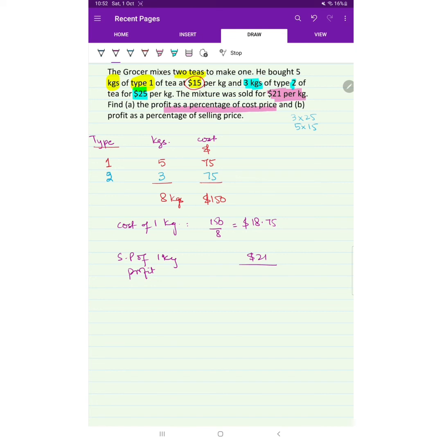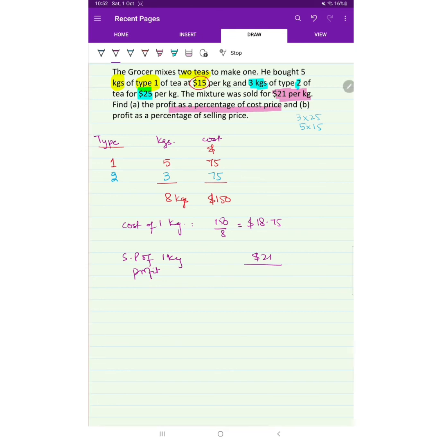Now this is 2.25 dollars. What do I have to find? Profit as a percentage of cost price. This means 2.25 divided by 18.75 multiplied by 100 will give me 12%.